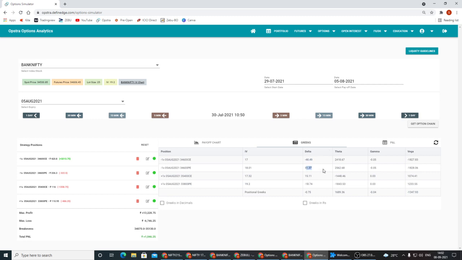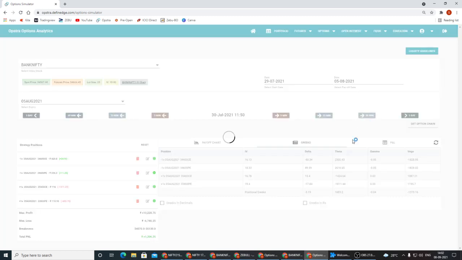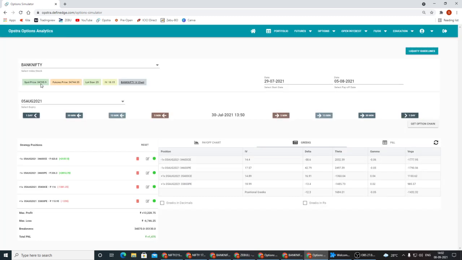Delta is managed. The market again moved to 34,700. Delta is managed. When there is a 25 point difference, then we will adjust the strategy.